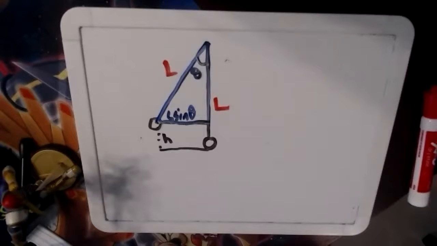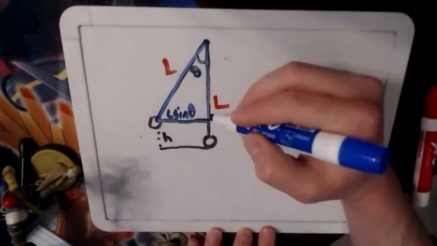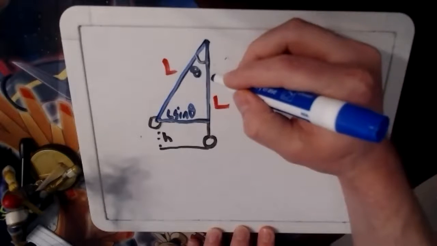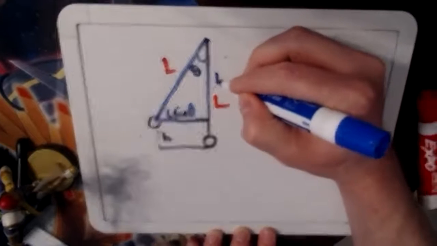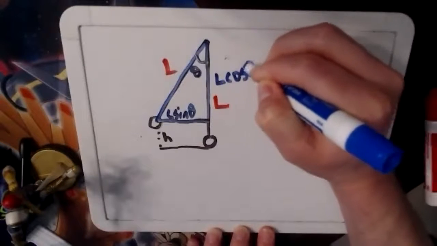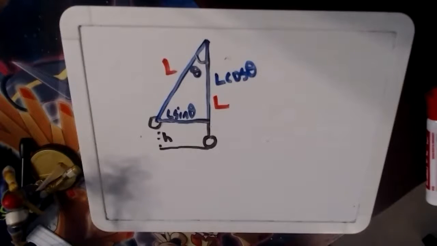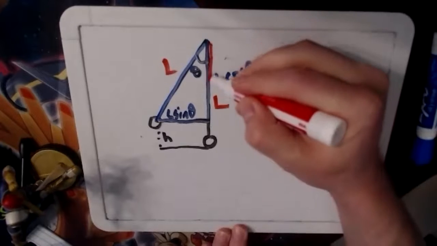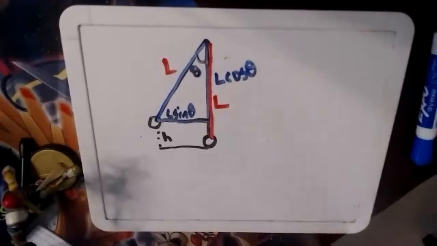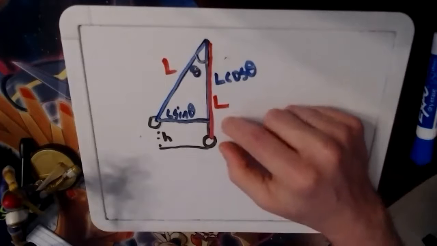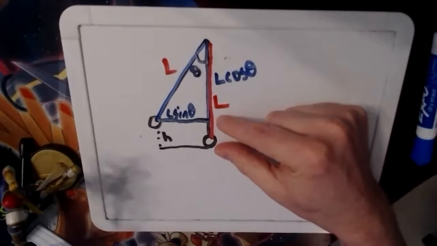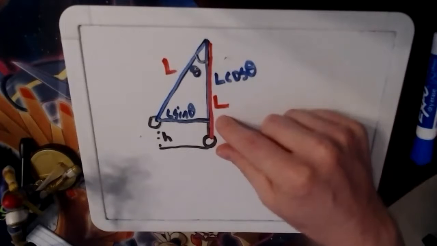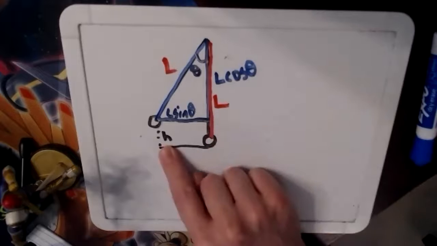Neat. I paid attention in pre-cal. We could also find this one, which actually is valuable to us, and I find that the blue length right here would be L cosine theta. Note that L cosine theta is not quite as long as the entire length of the string. It's this short. Fortunately, that value is important to us to find the height.